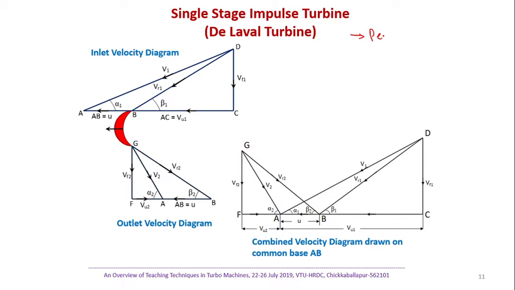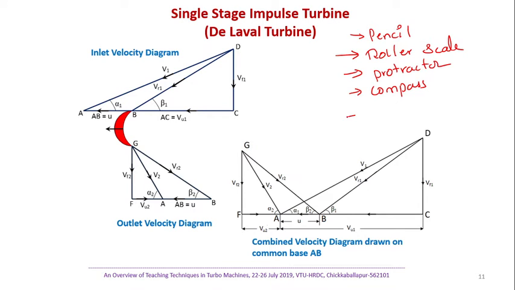Pencil, scale, preferably a roller scale. If it is a roller scale, it is more efficient. Then protractor, compass. What else do we need? That's it, I guess.